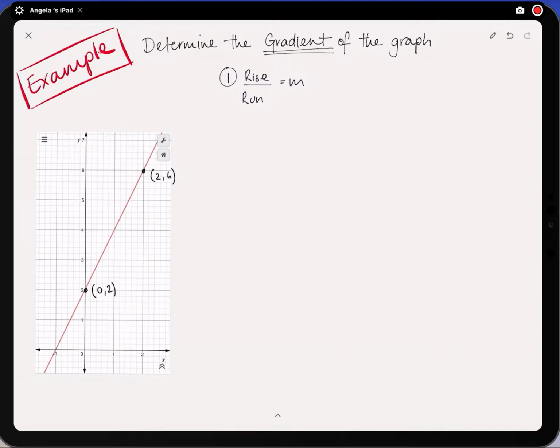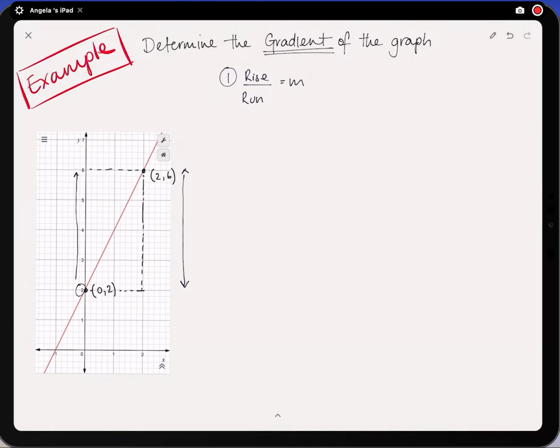So remember, our rise will be the rise between the two values. So I'm just going to annotate the diagram. Our rise is the vertical, so that's a change in our y-axis. We can see that it's gone from 2 all the way up to 6 when y is 6.